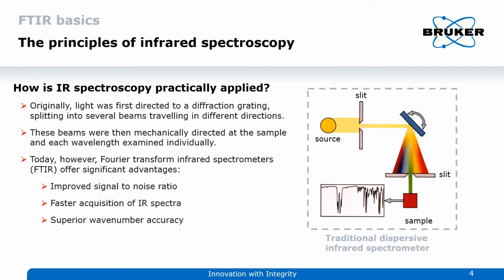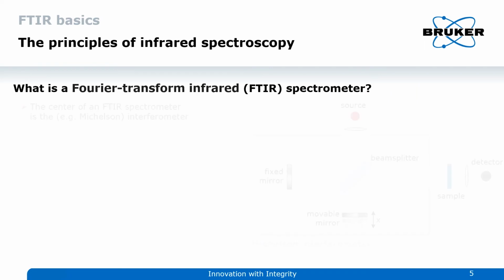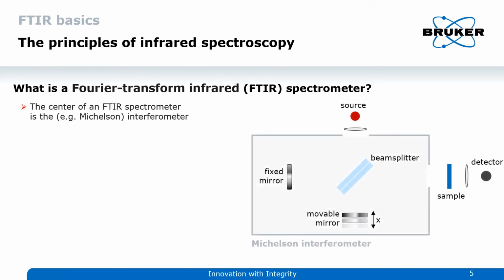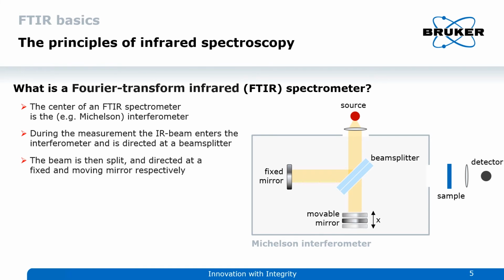But how does an FTIR spectrometer differ, and how does it work? At the heart of the FTIR spectrometer is an interferometer. Shown on the right is a Michelson-type interferometer. During the measurement, the IR beam enters the interferometer and is directed at the beam splitter. As the name suggests, this splits the beam into two separate beams that are directed at a fixed and moving mirror respectively.